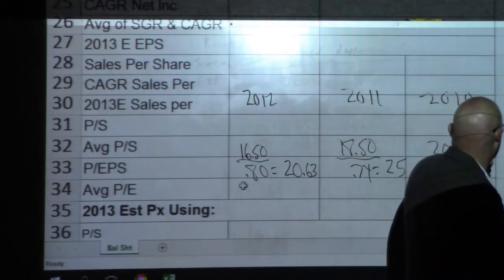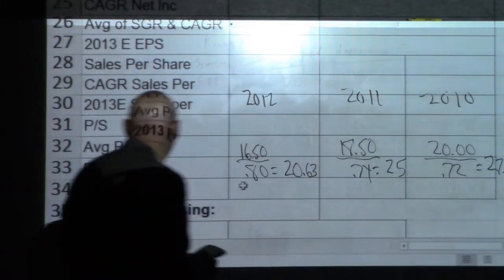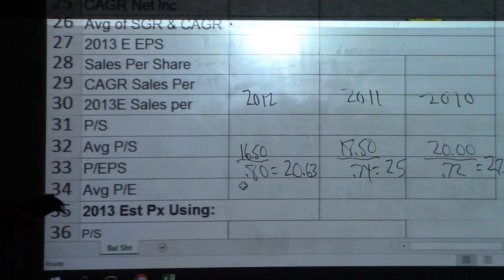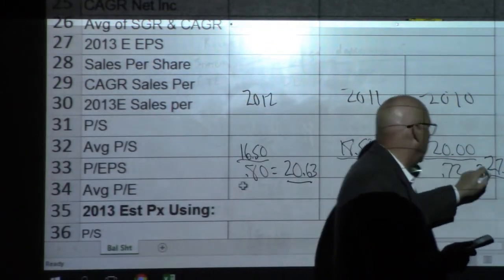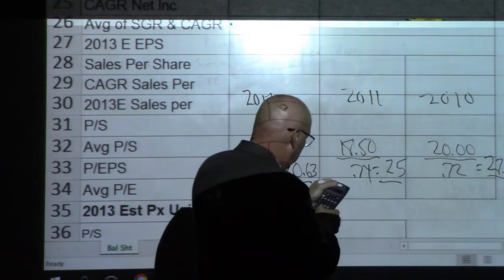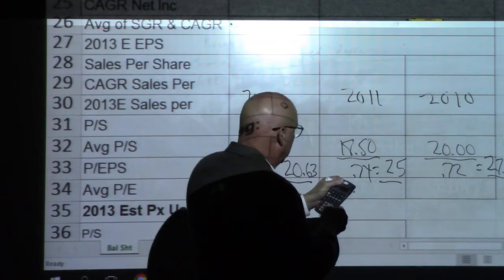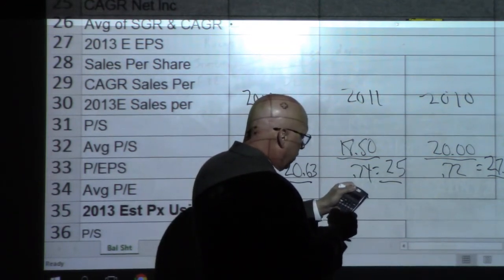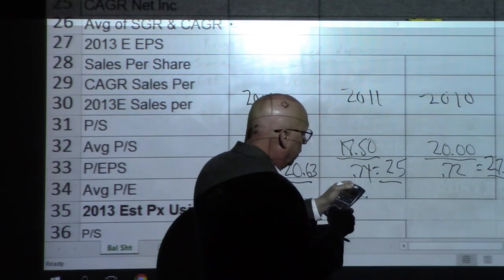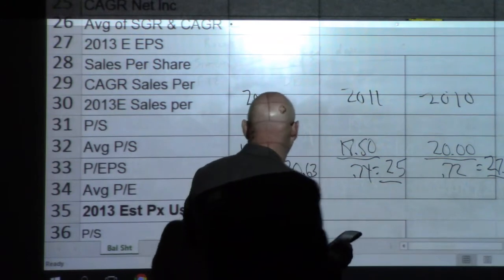All right, let's find our average PE. 20.63 plus 25 plus 27.78. Let's just double check that. That's right. So 20.63 plus 25 plus 27.78, divided by 3, equals 24.48.